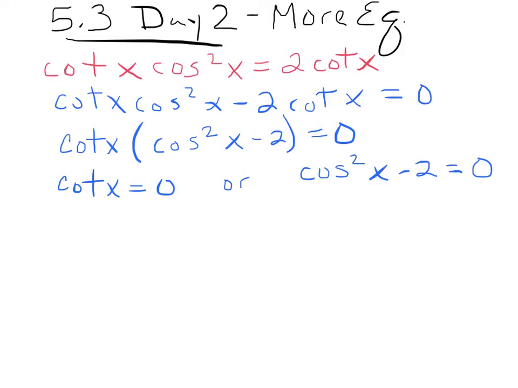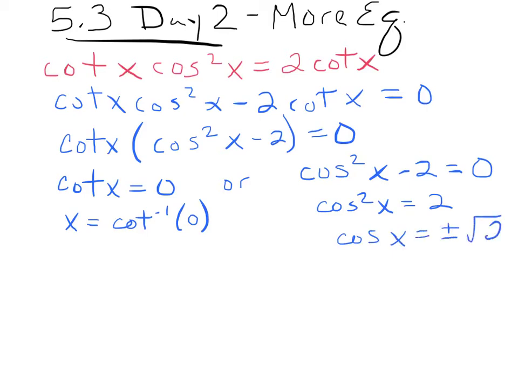So now we're going to solve each of those independently. So x would be the inverse cotangent of 0, and this would give me cosine squared x equals 2, which means cosine of x is plus or minus square root of 2.